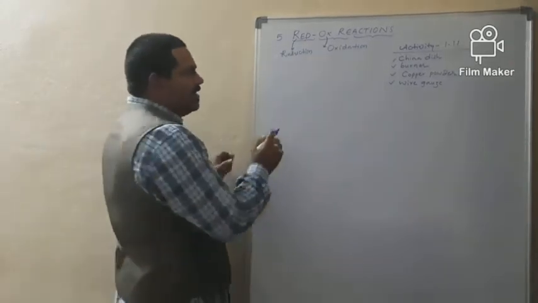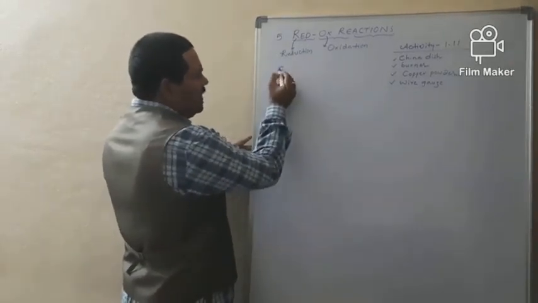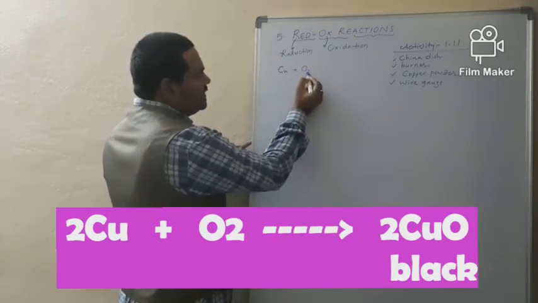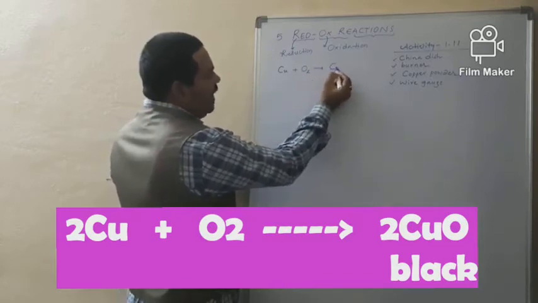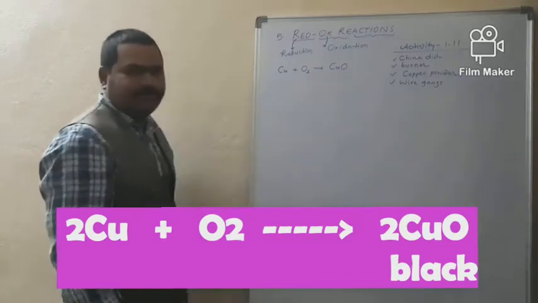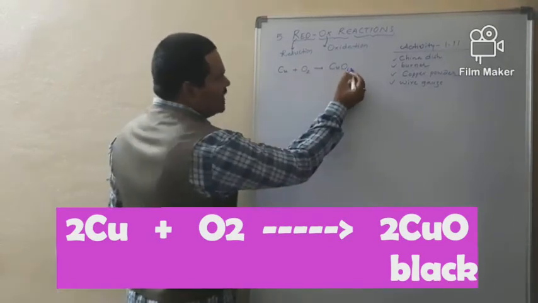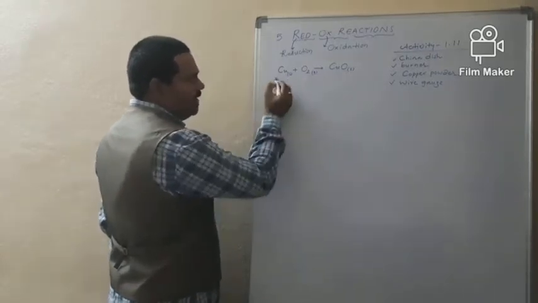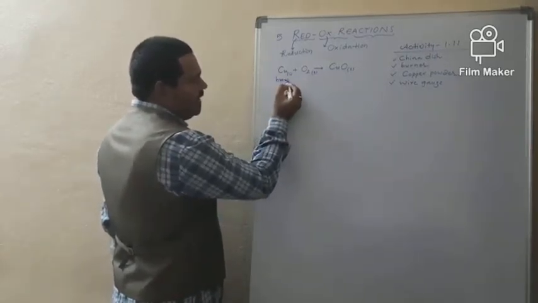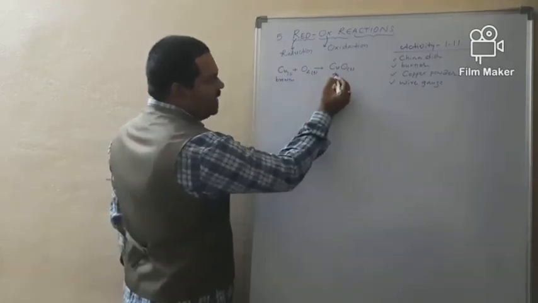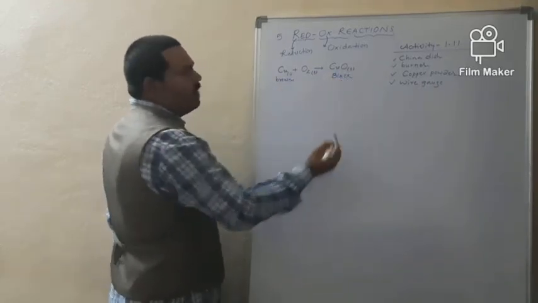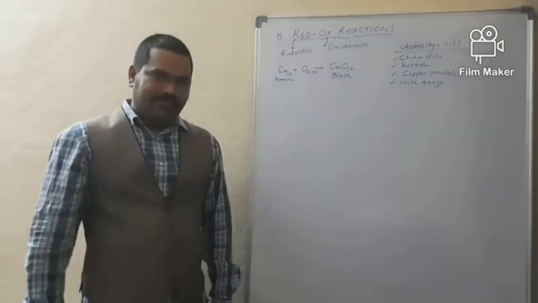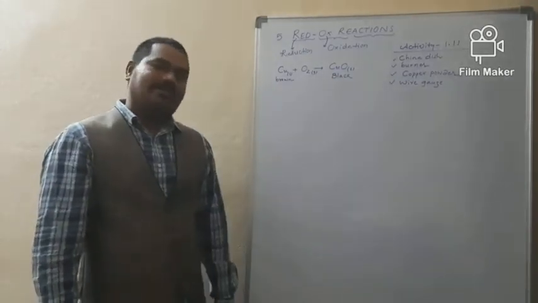Because whenever you start heating that copper powder, it combines with oxygen present in the atmosphere to form copper(II) oxide. Copper(II) oxide is a solid, oxygen is a gas, copper is a solid material. Previously, what is the color? Shiny brown. And finally, it becomes coated with black, due to the formation of copper(II) oxide.